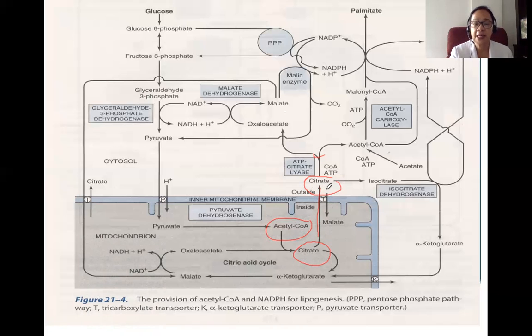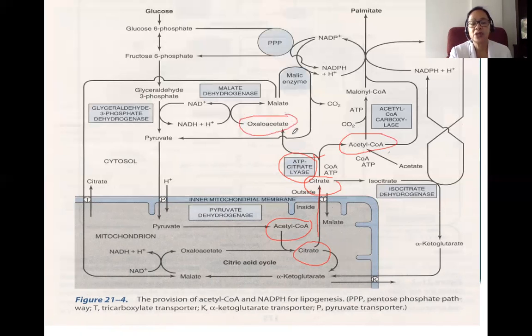And once in the cytoplasm, it is catalyzed by the enzyme ATP citrate lyase. This enzyme will cleave the citrate into acetyl coenzyme A and oxaloacetate.